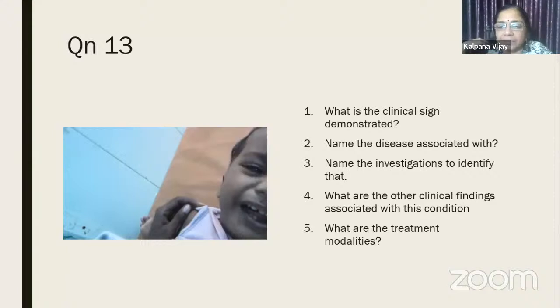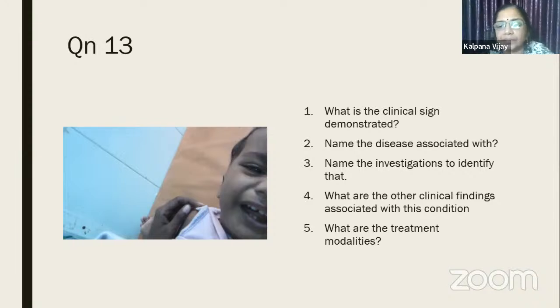So steroids, but ACTH is the drug of first choice. IV methylprednisolone is also very useful, but ACTH is the drug of first choice that is mentioned in the textbook also. Then you can use IVIG. Also rituximab, dexamethasone can be used after ACTH.